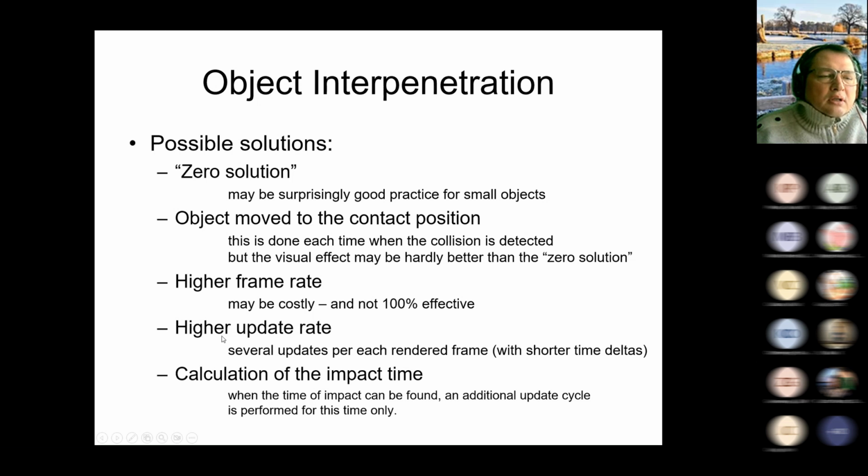You can only increase the update rate. So you can do several updates per each rendered frame with shorter time deltas. Also quite costly and also not 100% effective. And you can also try to calculate the exact impact time. Okay, so there are some solutions.